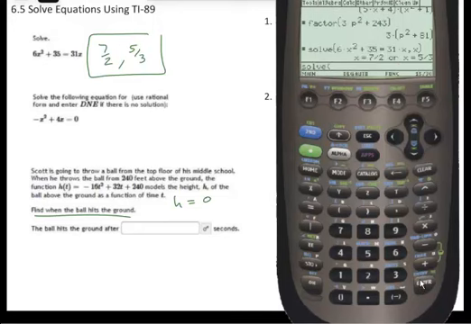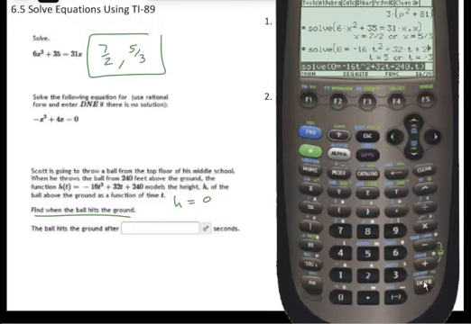So if we use the F2 algebra tab, hit solve, type in our equation, 0 is equal to negative 16 t squared, and t is up here along the common variables because it represents time in equations, plus 32t plus 240. We want to solve for t, so comma t, close it off, and this will give you the time values for which that's the case.